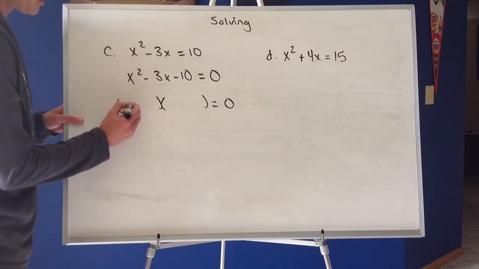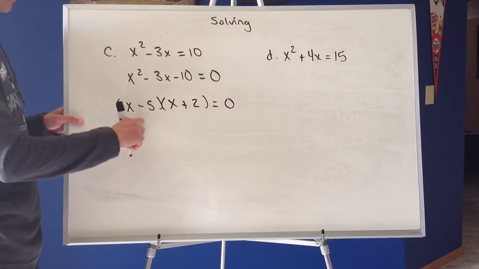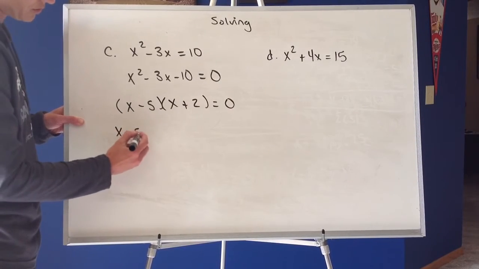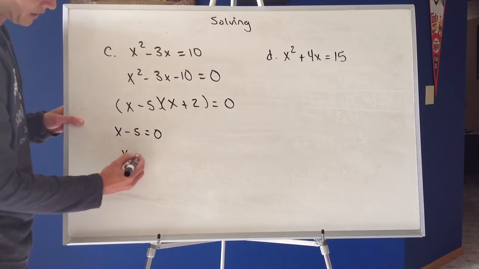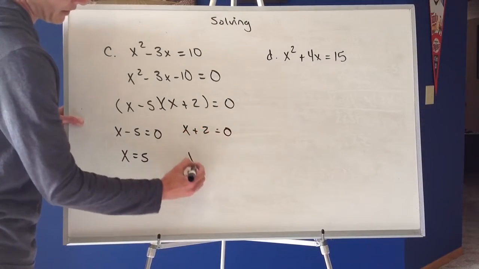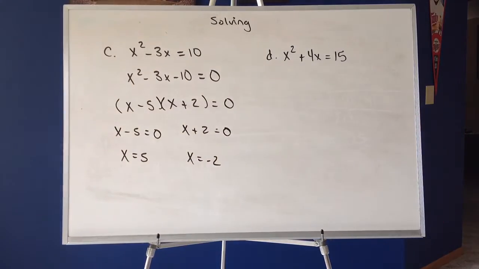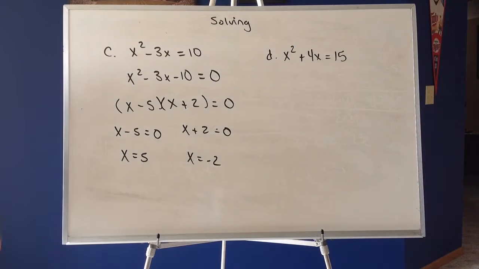But for me, -5 plus 2, and then I can set each of these equal to 0. So I end up getting x equals 5 and x equals -2. To me that was a lot faster than the other methods, so I would have chosen factoring. But again, completing the square and quadratic formula would both work as well.